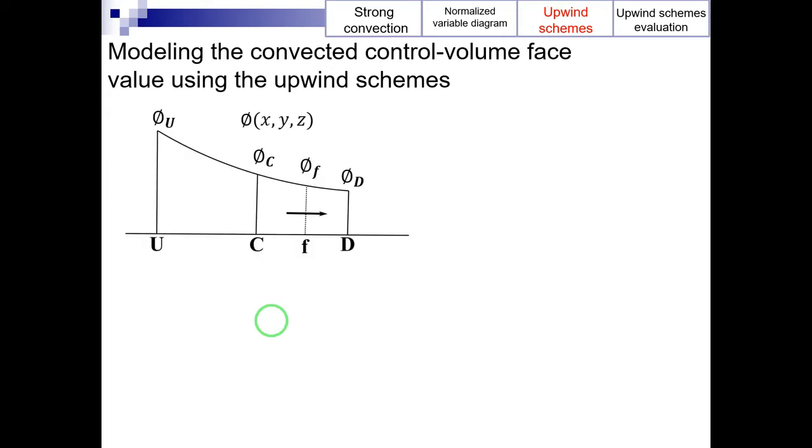Now let's talk about the modeling of the convected control volume phase value using the upwind schemes. Consider the convected scalar phi again here, along a direction normal to a control volume phase F as shown in this figure.